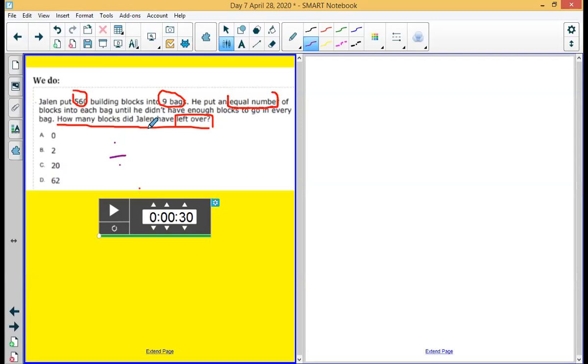Again, it points out that there's going to be some division because he's putting an equal number in each bag until he didn't have enough blocks to go in every bag. Then it says how many will he have left over? But left over, if I'm dividing, is going to be my remainder. Let's make this a little clearer. Left over will be my remainder.